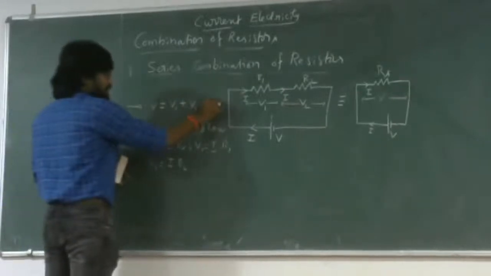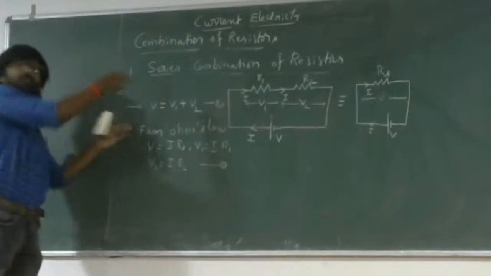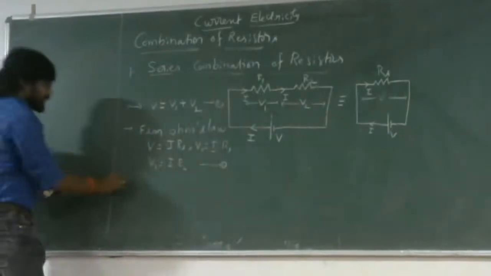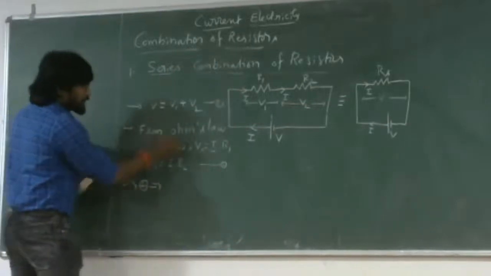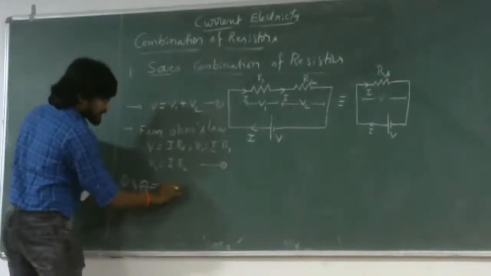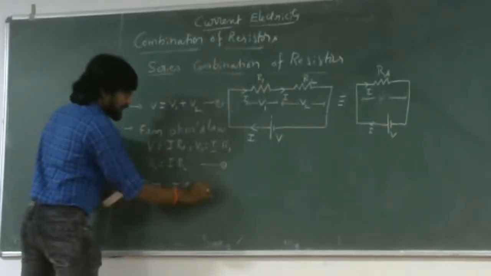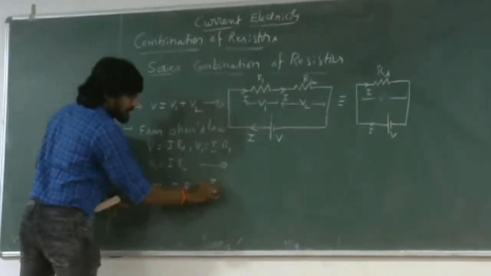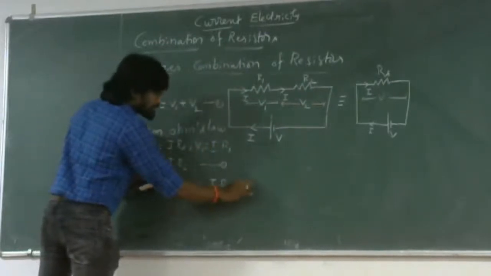We say this is equation 1 and these together as equation 2. Substituting, from 1 and 2 we can write V is I Rs, so I Rs is equal to V1, which is I R1, plus V2, which is I R2.